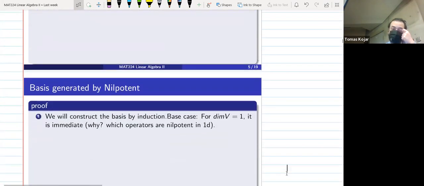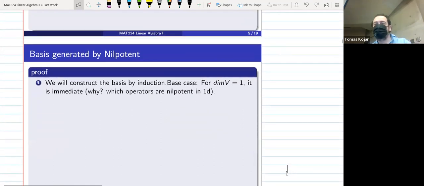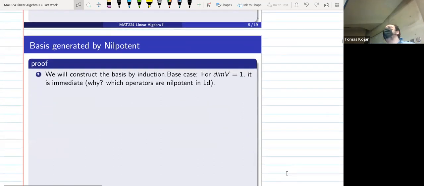So for dimension 1, this is interesting. Why is it immediate that when dim V is 1, there exists a basis so that N of B is just zero, a zero number?